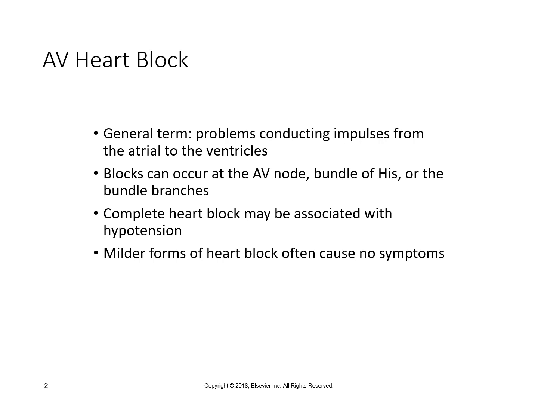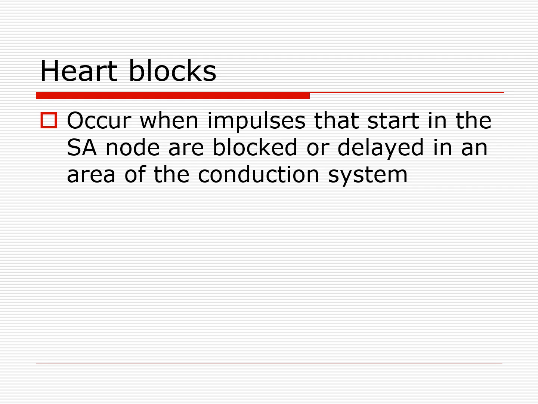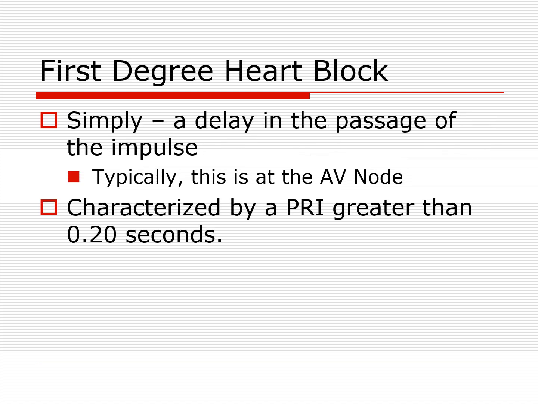They occur when the impulses start in the SA node and are blocked or delayed, and it can also be delayed in other areas of the conduction system. The seriousness of the heart block has to do with the patient's overall clinical appearance, and it can really vary.